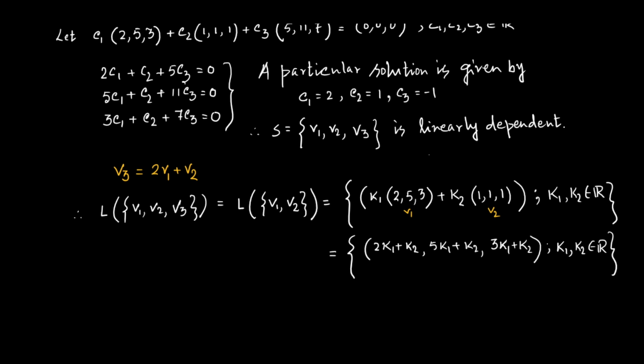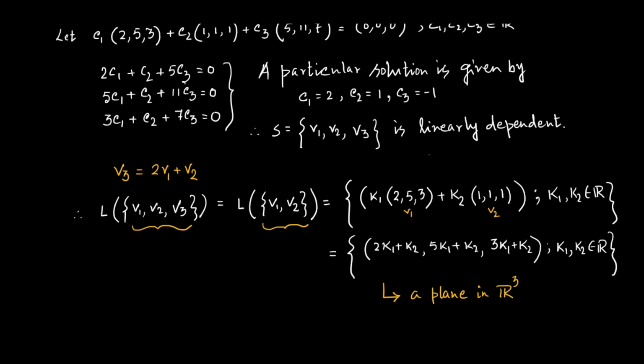Now you can understand very easily that this set defines a plane in R3. That means the linear span of the three vectors v1, v2, v3 is equal to the linear span of the two vectors v1, v2, and that span is a plane in R3. That means the linear span of the three vectors v1, v2, v3 is a two-dimensional space.